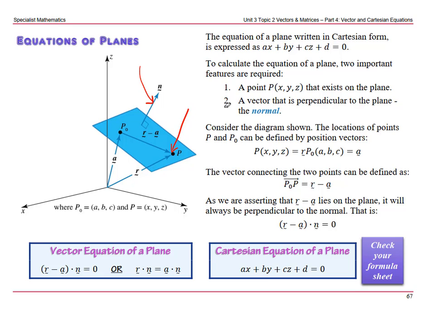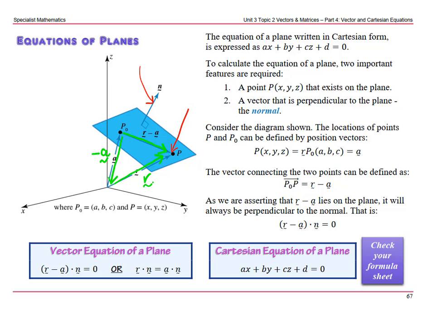So the vector connecting the points can be defined as P0P, so that's this line here, and that's going to equal r minus a. So start at the starting point of what we want and end where it ends, so that's r minus a.